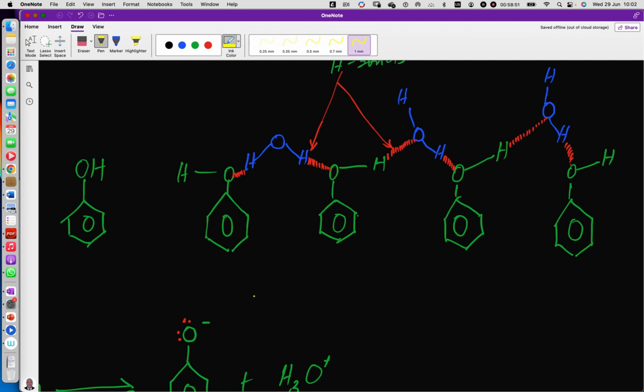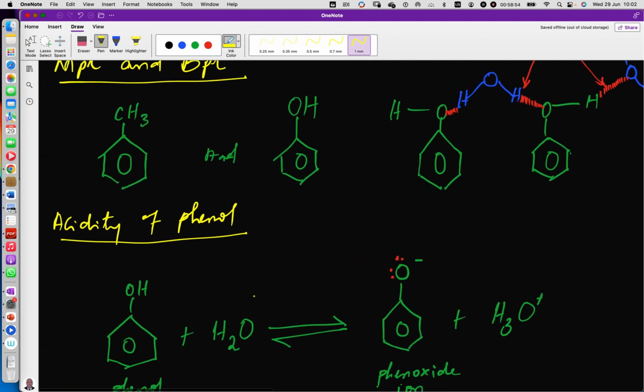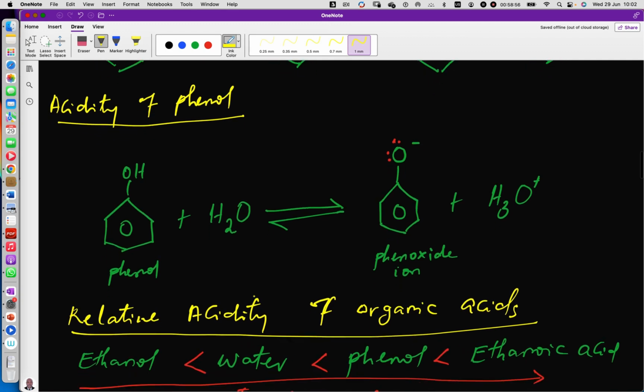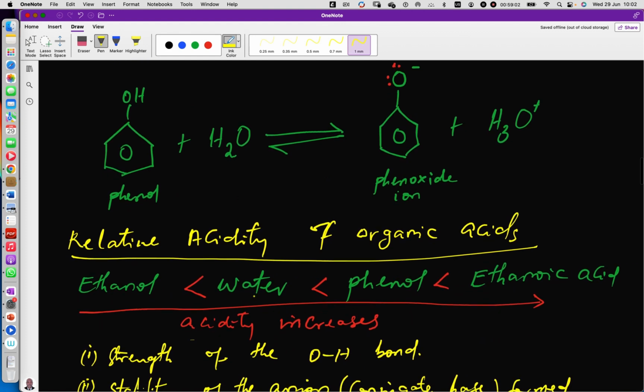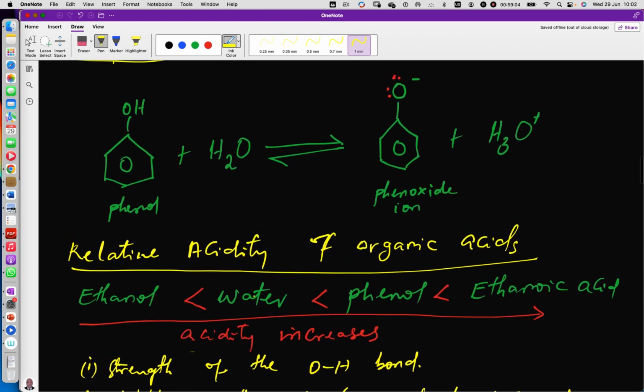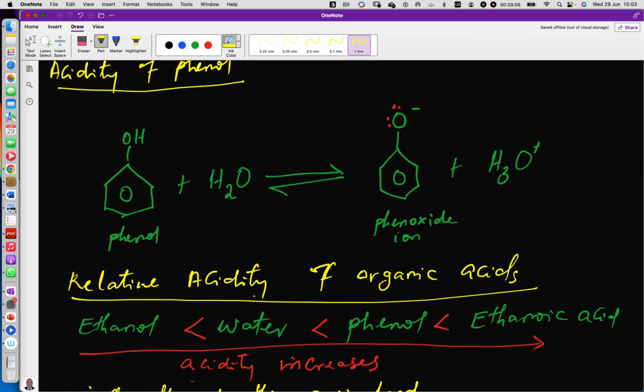I went further for the acidity, the chemical property of phenol. I said phenol is slightly acidic. Why is it slightly acidic? Because the OH group is electron donating, and when it donates electrons, it increases the electron density, or the charge density, in the benzene ring.